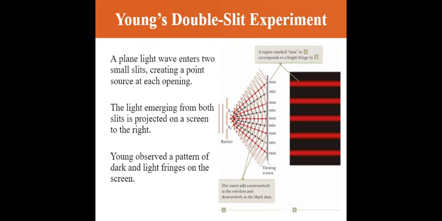He shot a beam of light into both slits, and then on the other side, he put up a projection screen. That meant that whatever light you shoot through the two slits should end up on the other side. And what he saw projected across the viewing screen was a series of light and dark fringes.